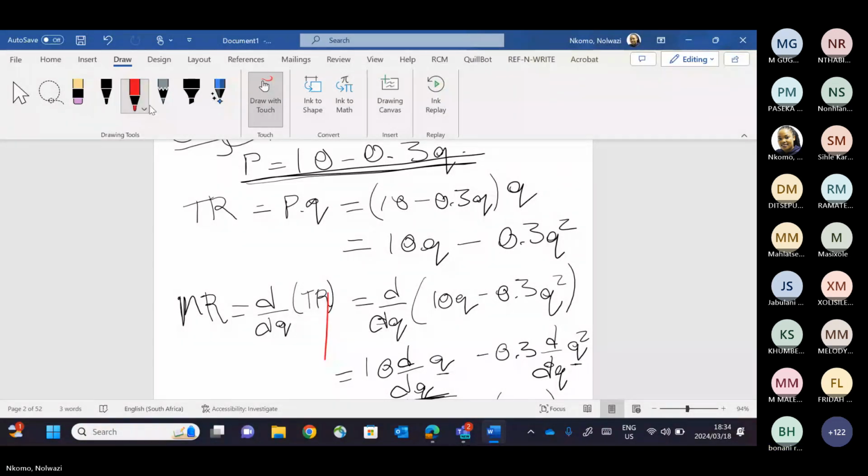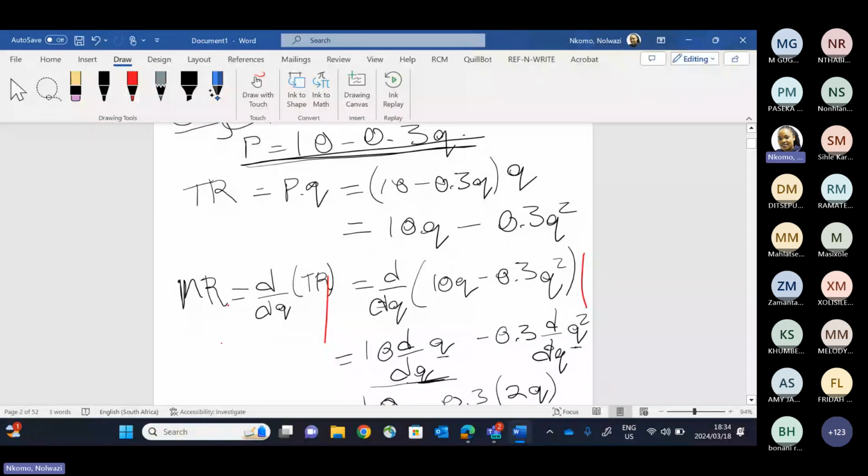Scroll down. Why is my thing not working? I think it's fine now.